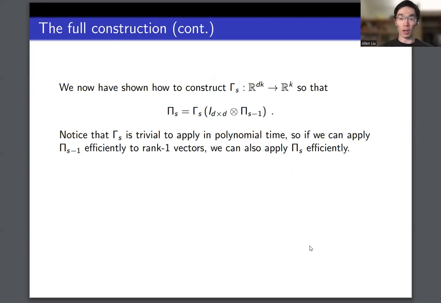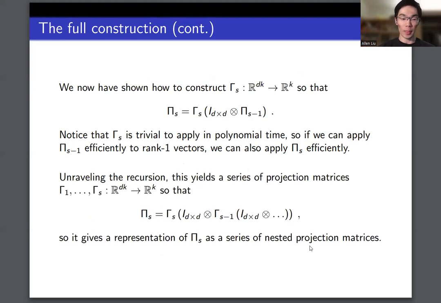Again, to better understand this construction, we constructed everything iteratively, right? So unraveling one layer of the iteration, we can write pi of S equal to gamma sub S, applied to identity, times pi sub S minus 1. We can keep unraveling this recursion further.